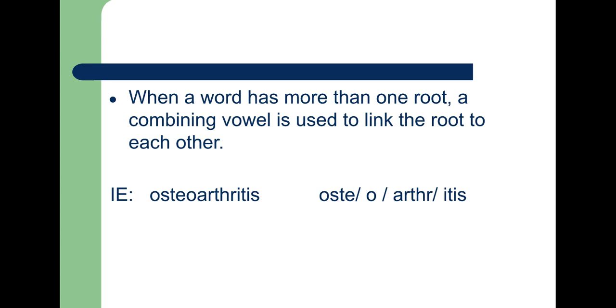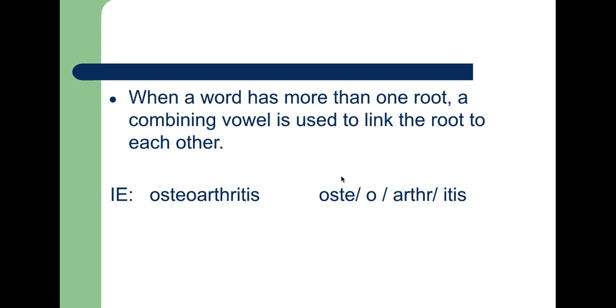Now, with that being said, itis is the suffix, meaning inflammation of. Arth means joint. Joint is the term that we use where two or more bones meet. So you've got an ankle joint, a knee joint, a shoulder joint, and an elbow joint. All of those areas are where two or more bones meet.